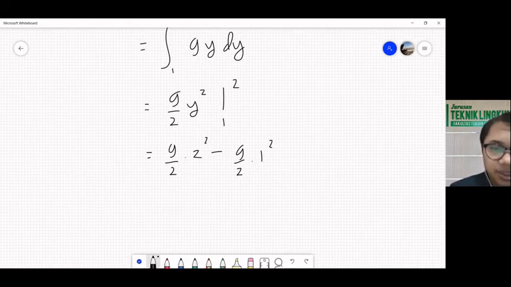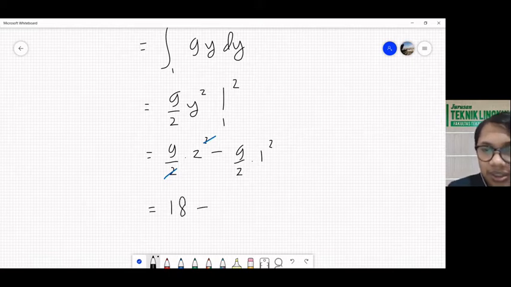Okay, it's like I did in the previous one. So we can omit the square because 2 square divided by 2 means 2. It means that it becomes 18. And this one, you cannot omit it.